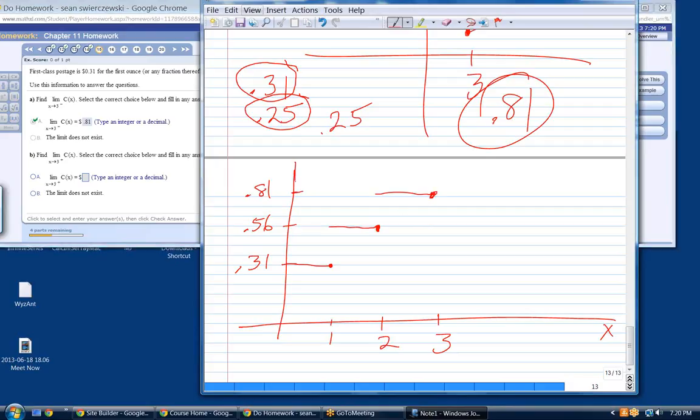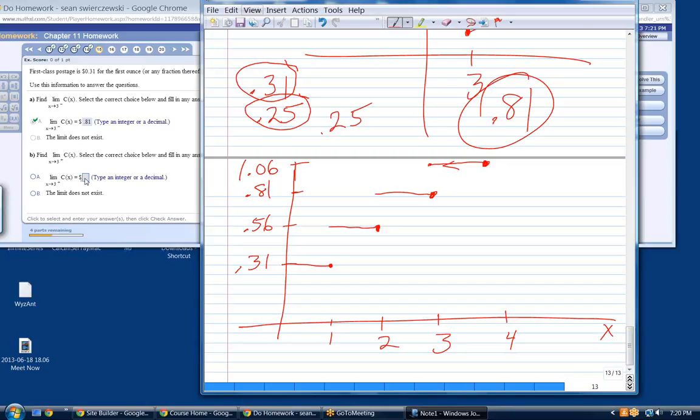And for anything between 3 and 4 ounces, it's $1.06. So if I'm approaching 3 on the x-axis from the right, I'm up here. That's the only place the function is up there. So as I'm approaching it from the right, honing in on this point, that's 1.06. You see why?